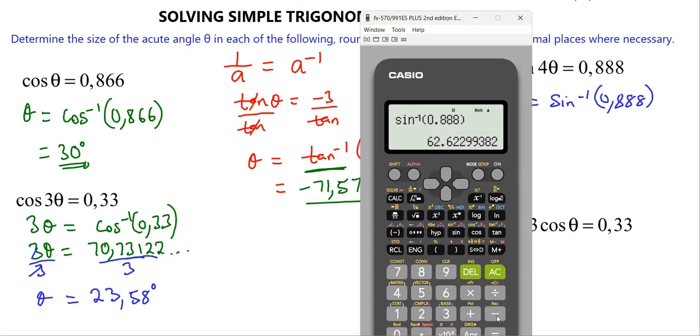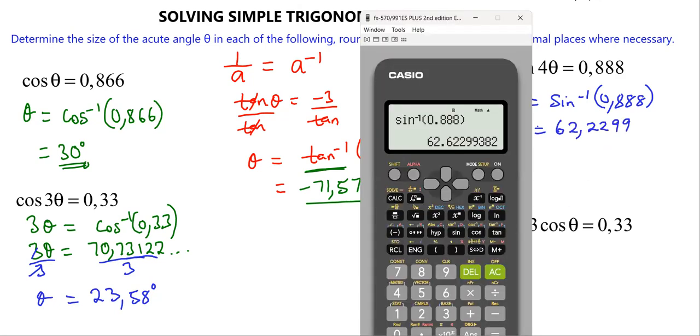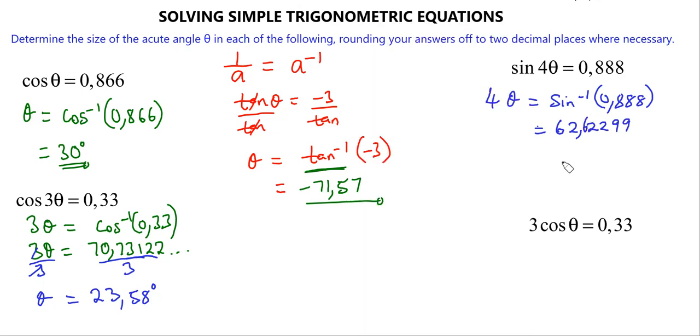What do we get there? We get 62.6299. That's our 4 theta there. We divide by 4.